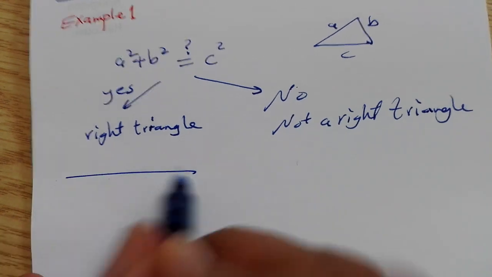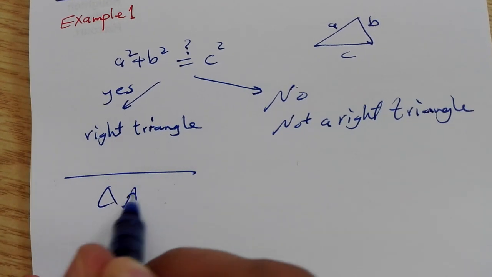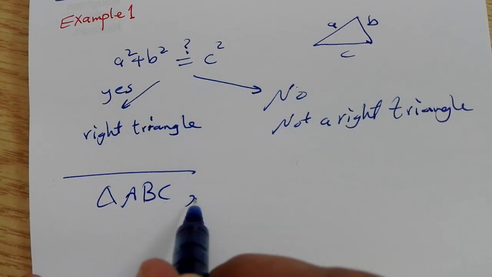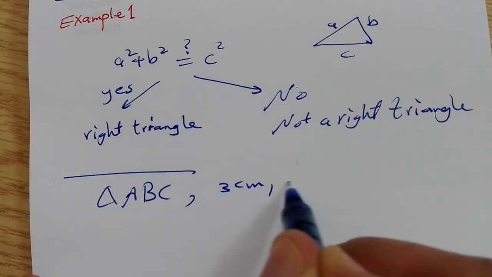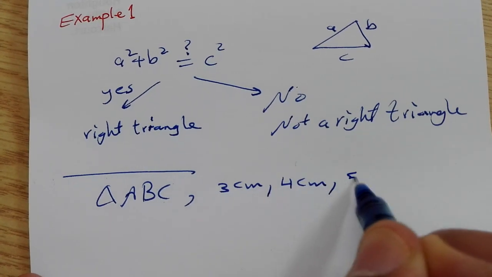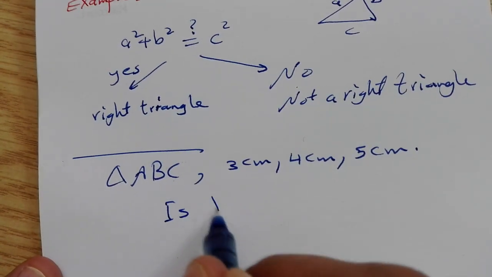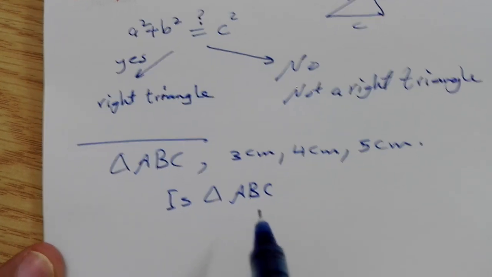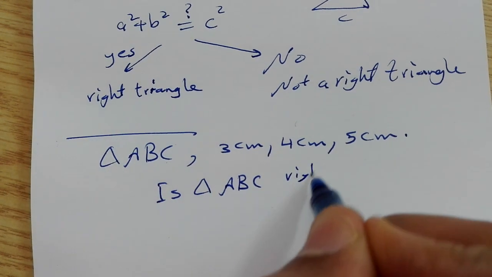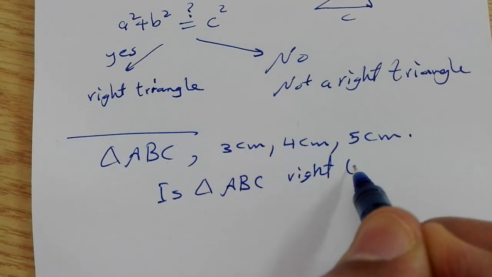Example: triangle ABC whose side lengths are 3 centimeters, 4 centimeters, 5 centimeters. The question is, is triangle ABC a right triangle?